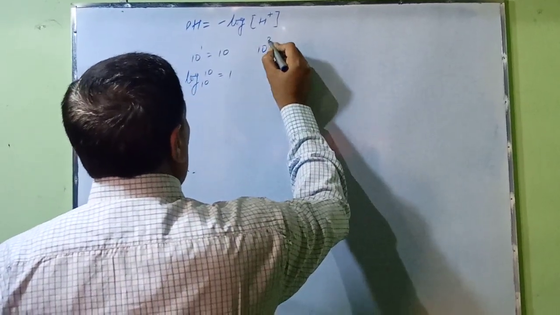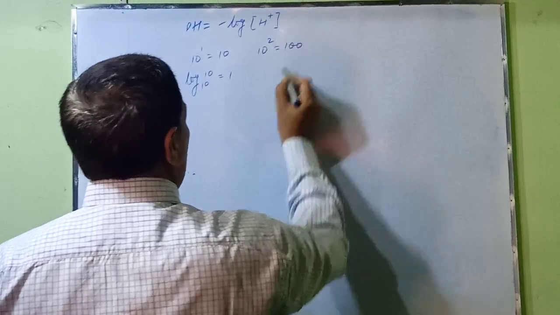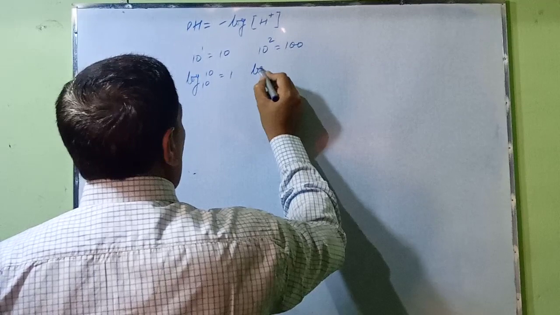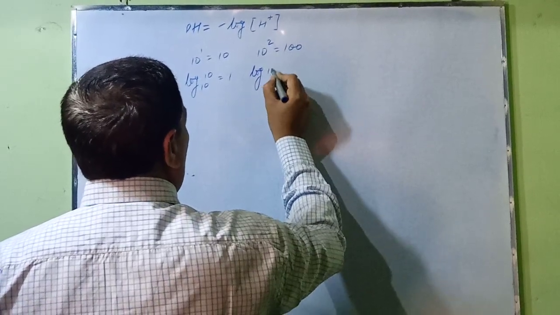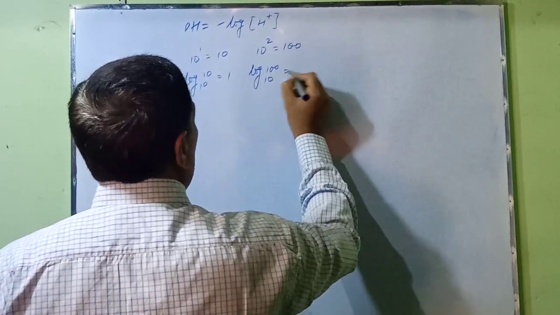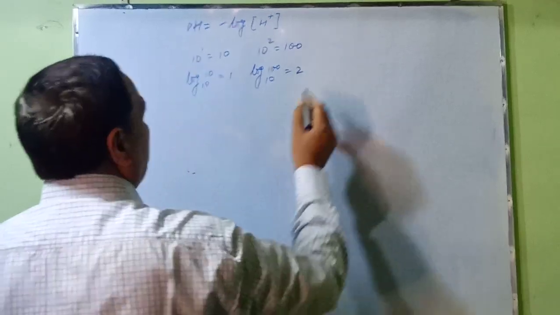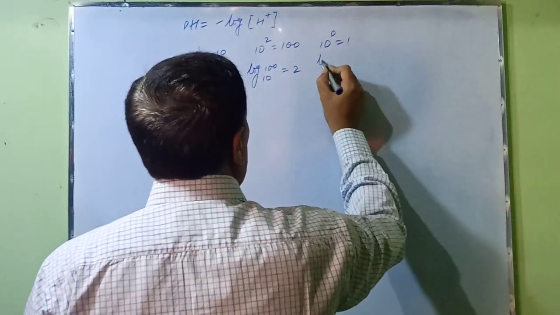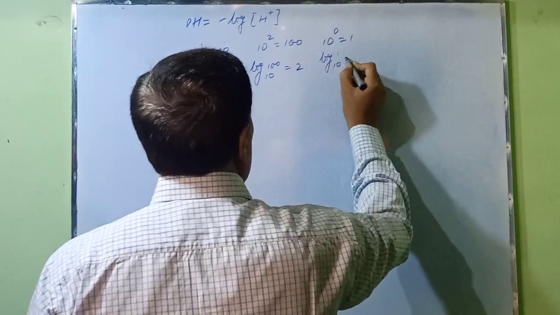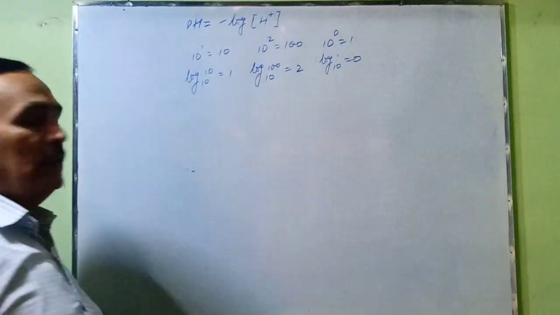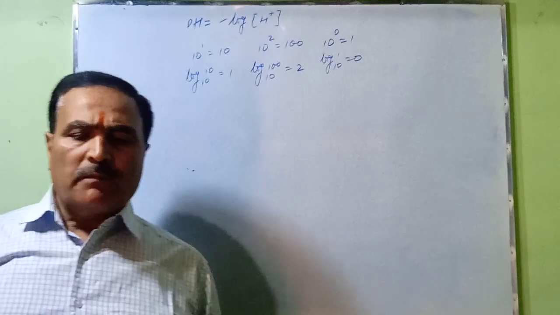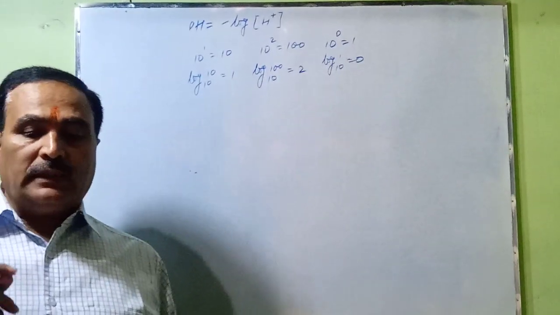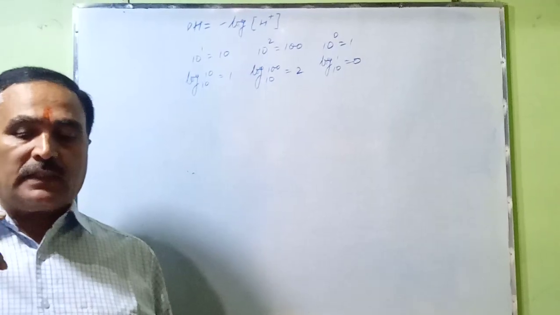We know 10 to power 2 is equal to 100, then log 100 base 10 is equal to 2. 10 to power 0 is equal to 1, so log 1 base 10 is equal to 0. Generally, logarithm is a standard rule to change the base to index of the given number.